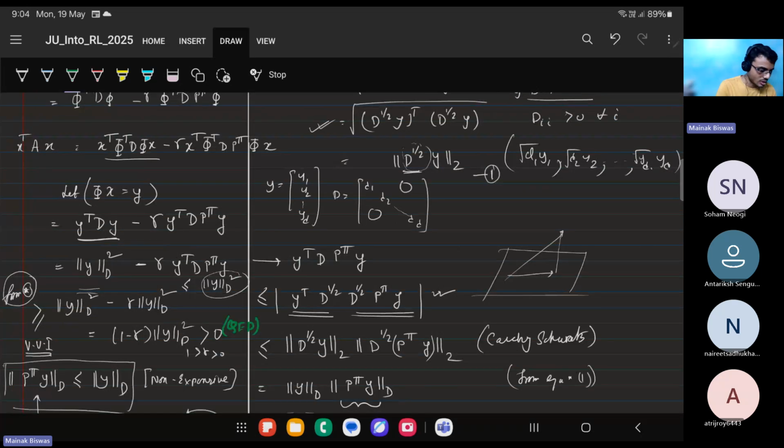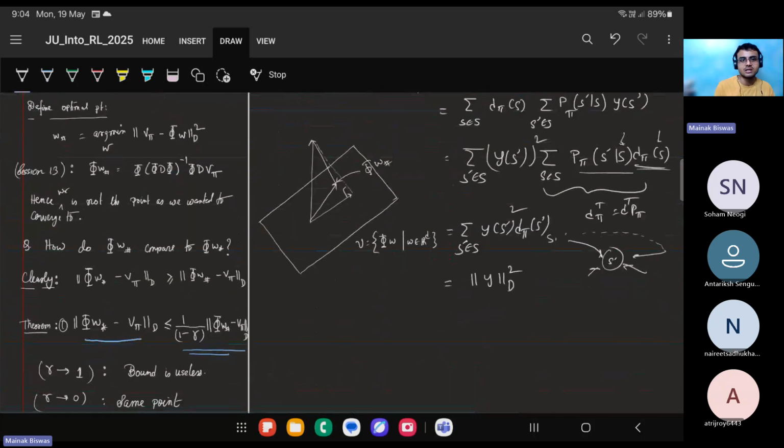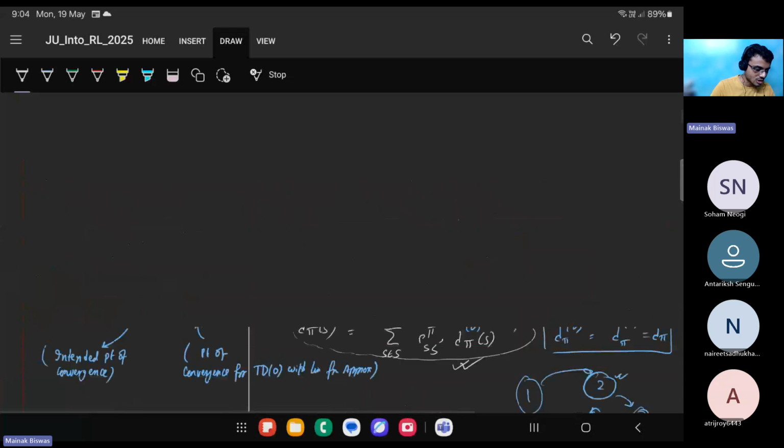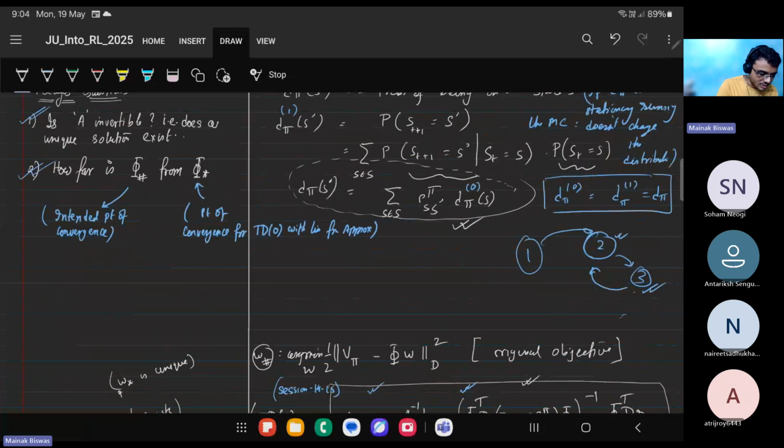The last three or four small equations that we'll be proving are going to be about how far the fixed point is from the optimal. So we have answered one of our questions today: if A is invertible, yes, it is invertible and the solution exists.